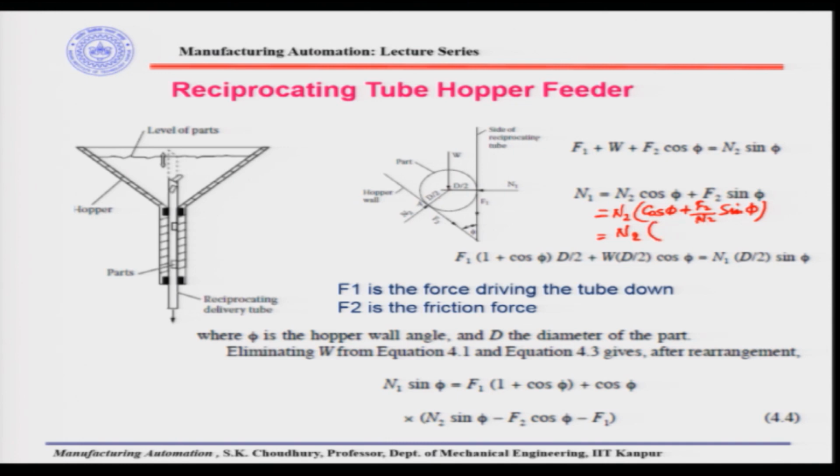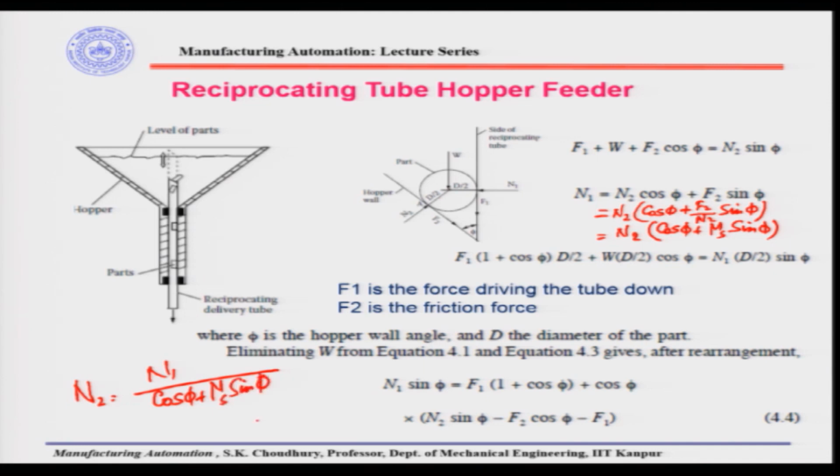F2 is the friction force, so F2 by N2 is mu s, the coefficient of friction between the hopper wall and the part. So, this will be cos phi plus mu s sin phi. Therefore, N2 is equal to N1 divided by cos phi plus mu s sin phi.